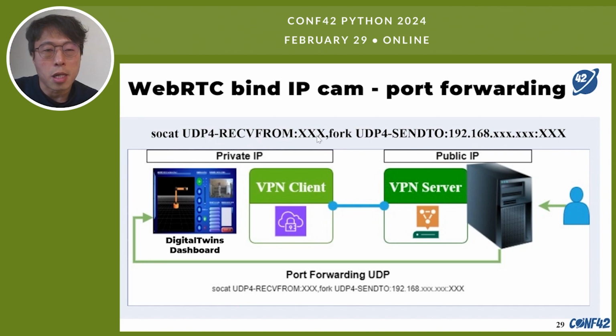That's why UDP can work as well, to expose the inside service of our IP camera and WebRTC servers to the outside computers through the public IP address. So it means other services can connect to this WebRTC service through the public IP address.